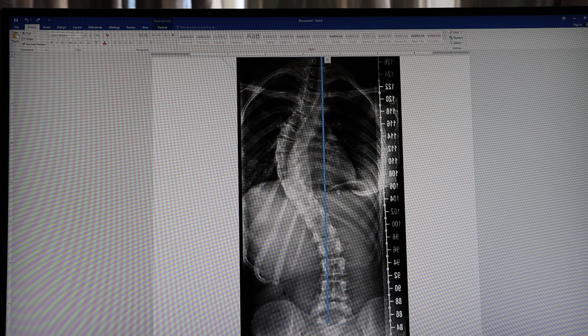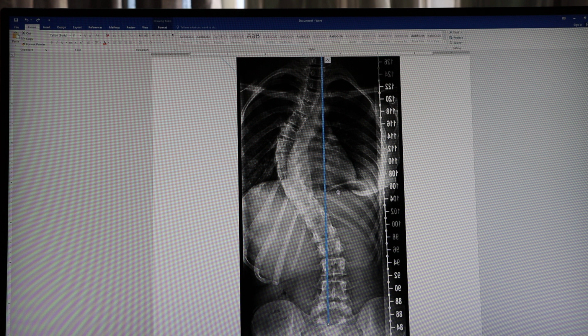Measure the angles. For the sagittal plane, all you need is again to view if there is any congenital anomaly that you can see or identify, and then measure the kyphotic and the lordotic angle. And as I said in the lectures, for the kyphotic angle, the literature says you'll have to measure it from T5 down to T12.